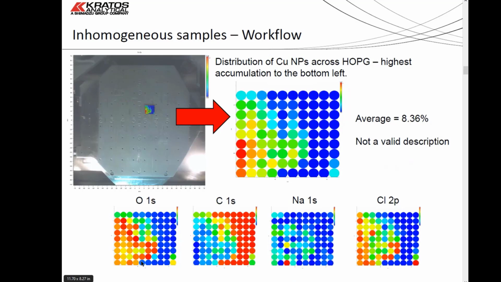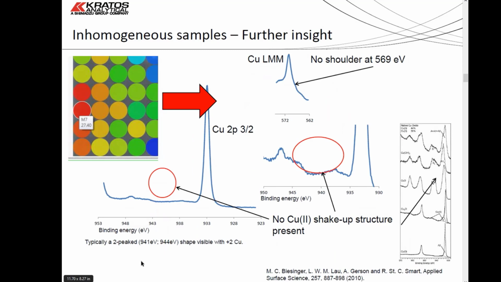So here you can see this is the surface once again, and you can see a big distribution difference in the copper and all the different elements. You can see there's also correlative features here. Where it's hot with copper, it's also hot with oxygen. Where it's darker, you have a lot of perhaps adventitious carbon on the surface, or you're seeing a lot more of the HOPG underneath.